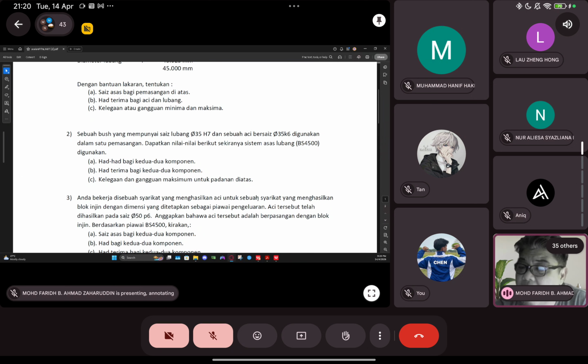So please get the values if the hole basis system is being used, BS 4500. First question, please get the limits for both of them. Limits. And what is the second one? What is the tolerance?